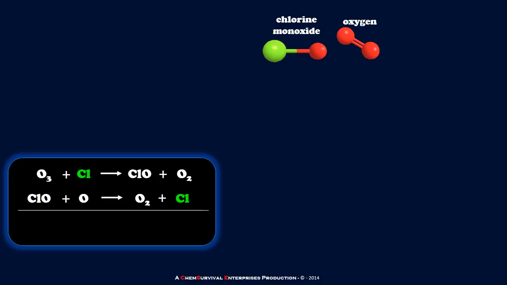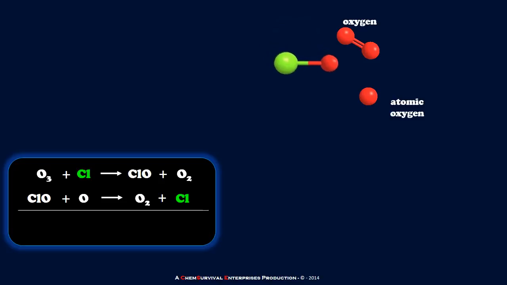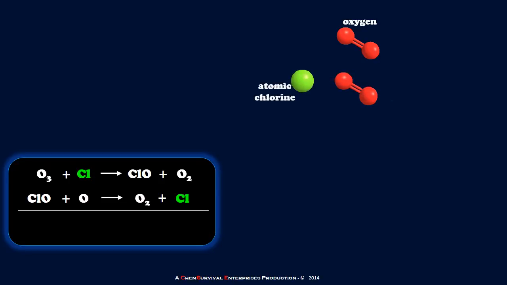Now, that would be bad enough if one chlorine atom could decompose one molecule of ozone. But what happens next is what's really disappointing. That atomic oxygen that's up there as well can then react with the chlorine monoxide, forming another molecule of O2, but more importantly, regenerating the chlorine atom, which can then go along its way and react yet again. So you'll notice that in my two-step reaction that I've drawn here on the bottom left, that chlorine goes in as a reactant, but also comes out as a product.